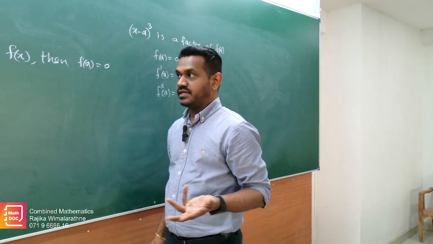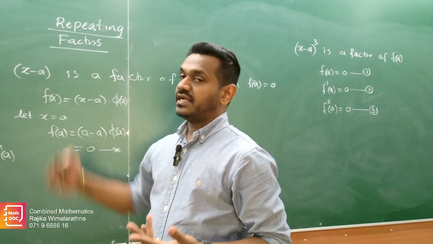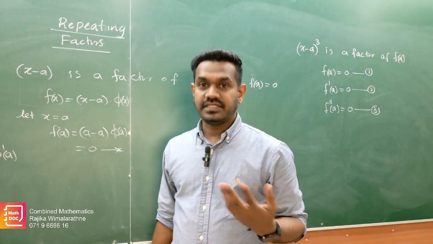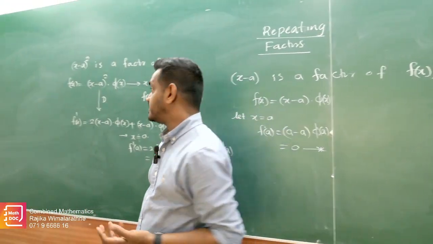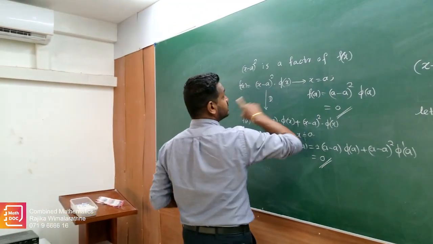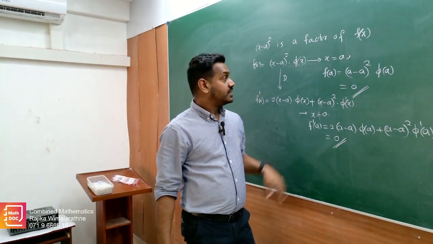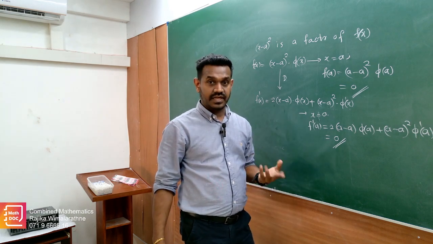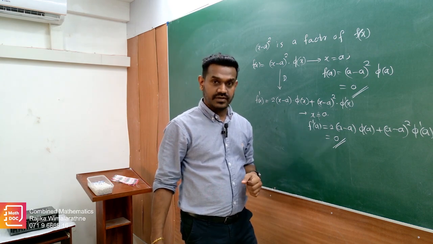That is the specialty. For a polynomial function, if x minus a is a factor, it is just the factor theorem: f(a) equals 0. If (x minus a) squared is a factor, that means a twice repeated linear factor, then f(a) is 0 as well as f dash a is 0. You can substitute the critical value into the derivative, and that value also is 0.